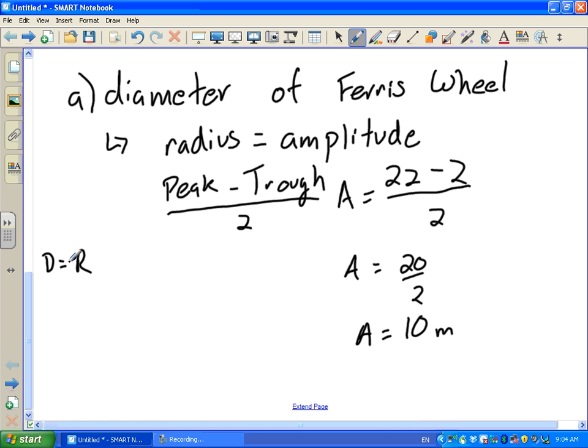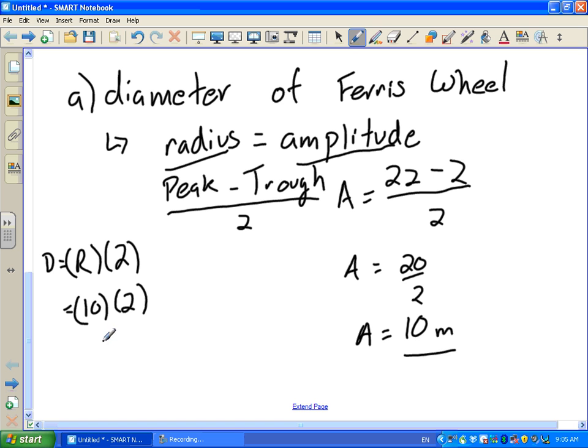So diameter equals radius times 2. We figured out that our radius was equal to our amplitude, and our amplitude was 10. So we plug 10 in for r. Our diameter is going to be 20 meters.